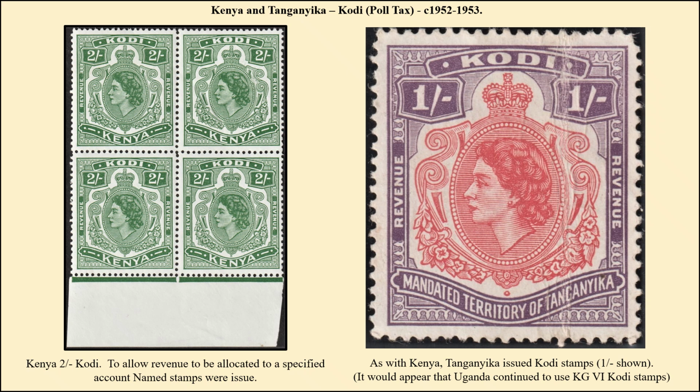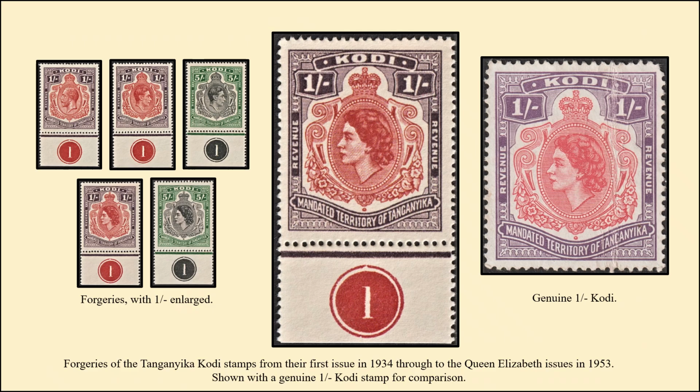I may add that these stamps are the rarest of the rare. These stamps are forgeries, that is, up until the brightly coloured ones, including the large 1 shilling.